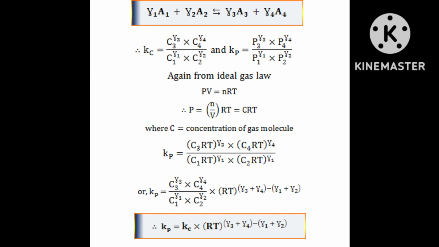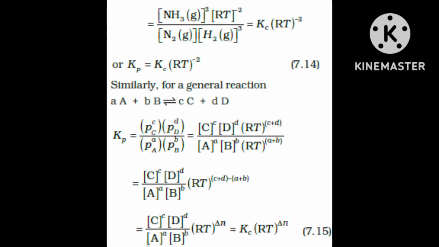Then for hydrogen, concentration of hydrogen into RT, but here the power is 3, hence RT power 3, and hydrogen is also power 3. Hydrogen also write in a bracket. All things you write in a bracket, ordinarily a small bracket. In case of Kp you use only a small bracket. Only for concentration of C, a big bracket: in the term of Kc, big bracket; in the term of Kp, small bracket.